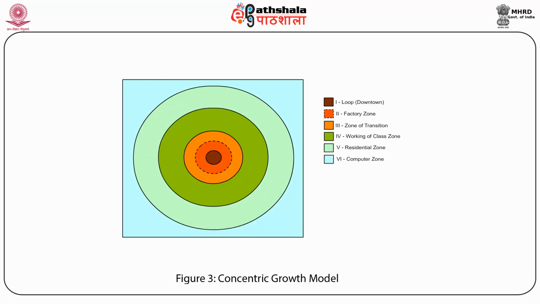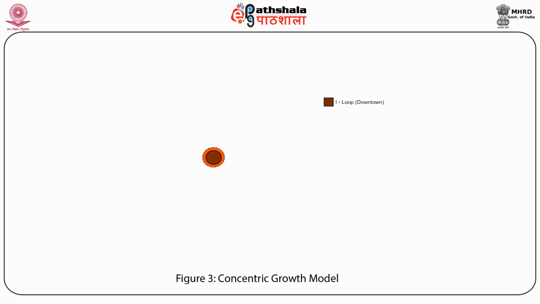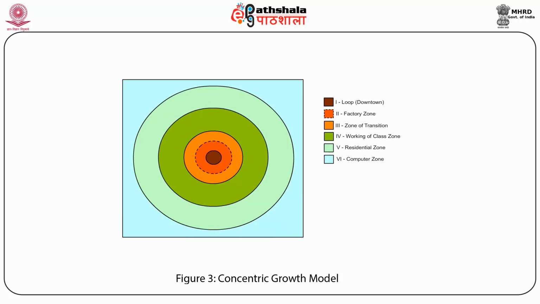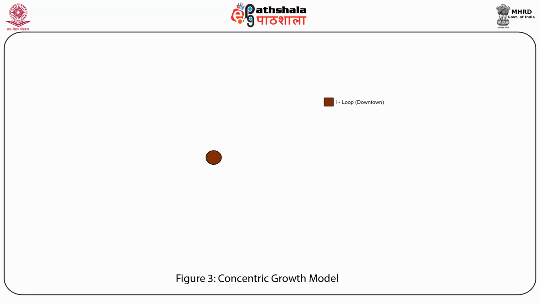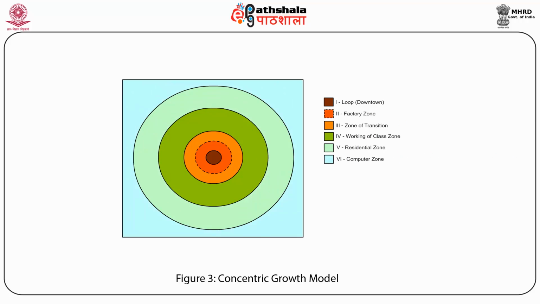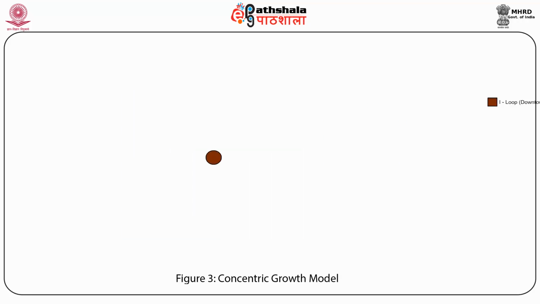This model states that the city grows outward in concentric rings. The city has a single center, otherwise known as CBD, that is Central Business District. Around the business center is an area of older industry, and beyond that are the residential areas.